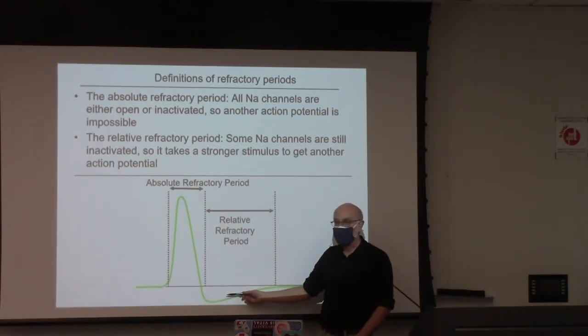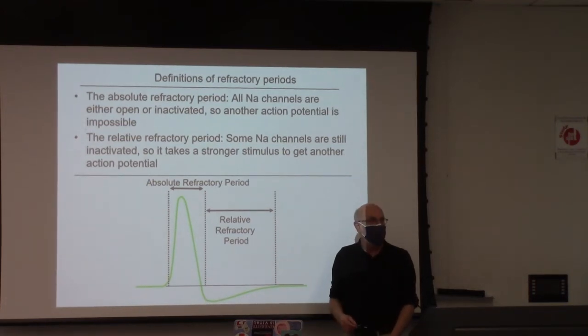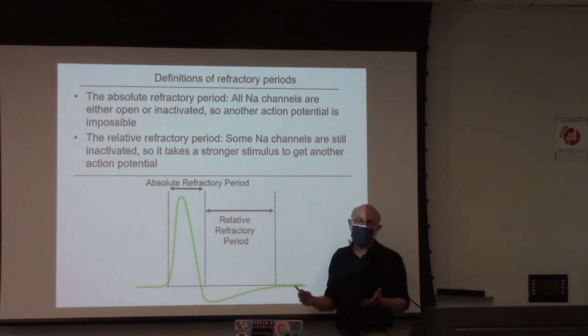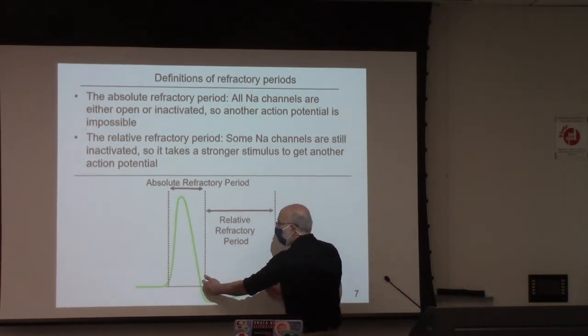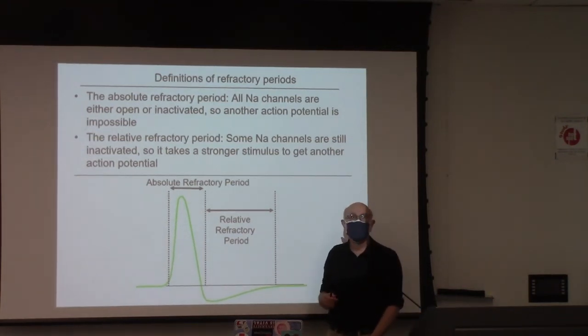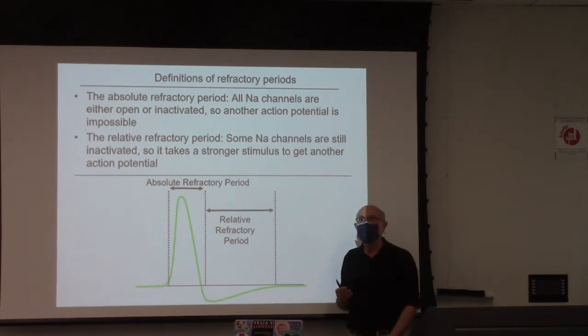Some of them. More and more as we move along the relative refractory period. So the after hyperpolarization, if there is one, or the period after an action potential, even if there isn't an after hyperpolarization, is relatively refractory. The cell would need a bigger stimulus in order to get an action potential going again.